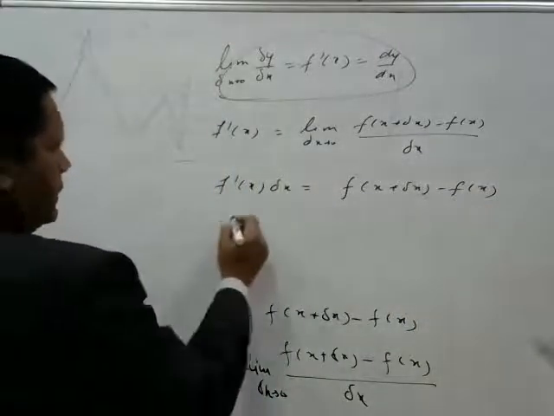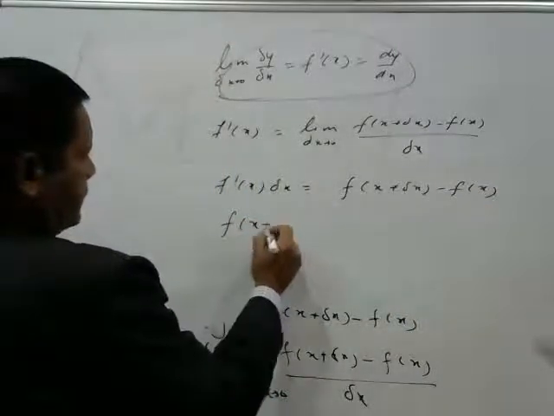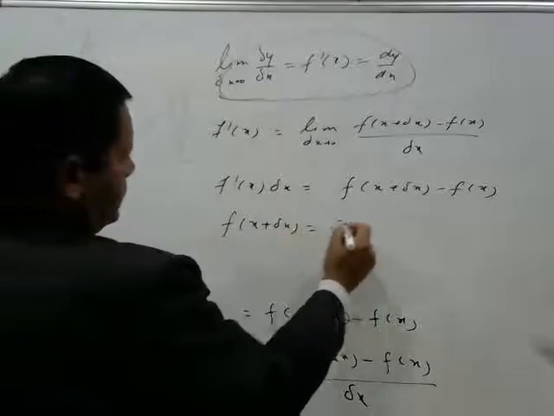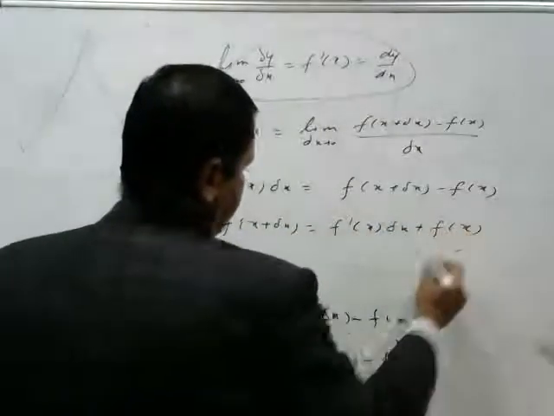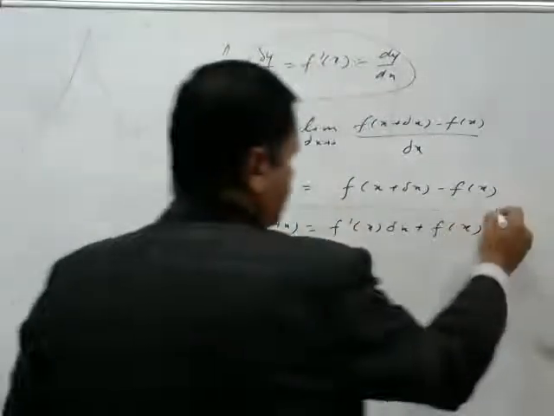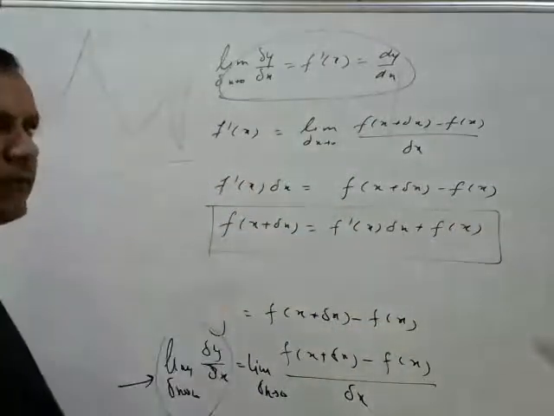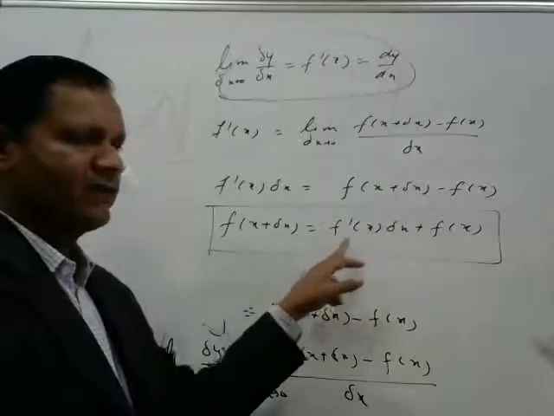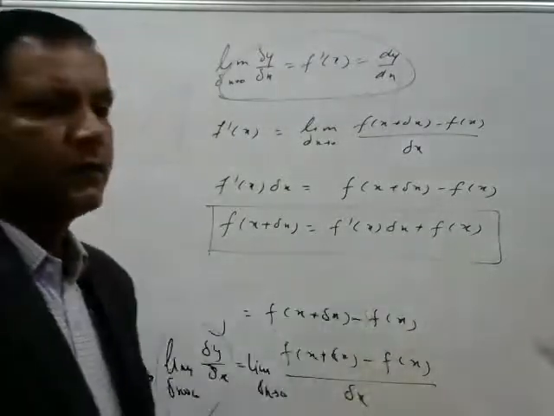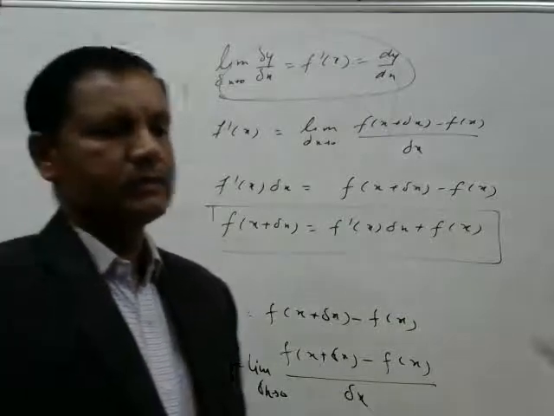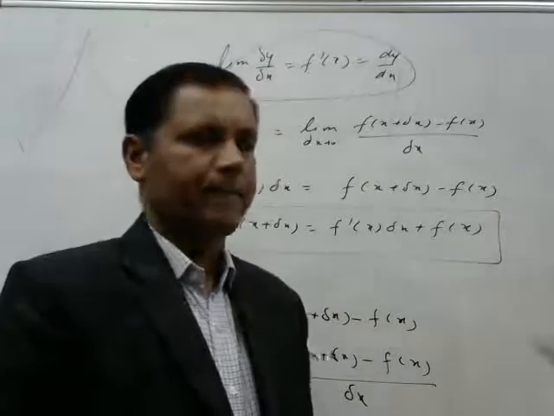Or I can write f of x plus delta x is equal to f dash of x delta x plus f of x. Now see, this formula, f of x plus delta x is equal to f dash of x delta x plus f of x, we will be using for finding out the questions of the approximation.